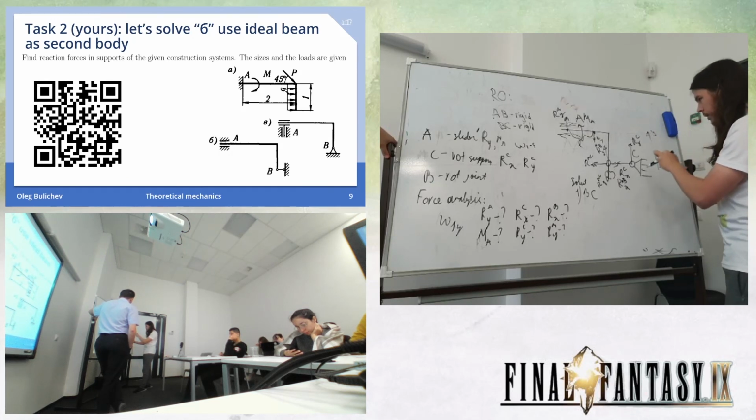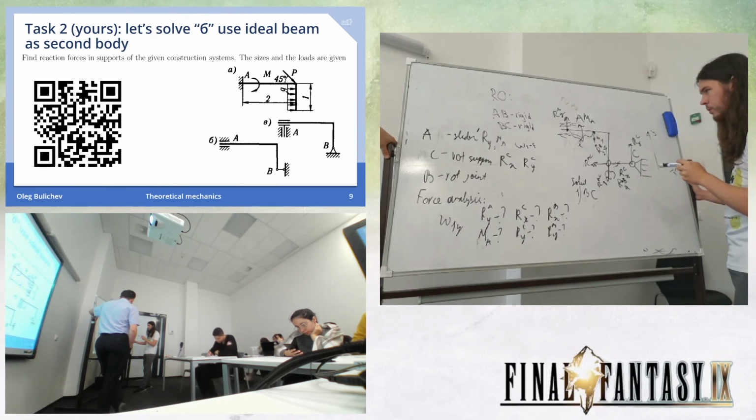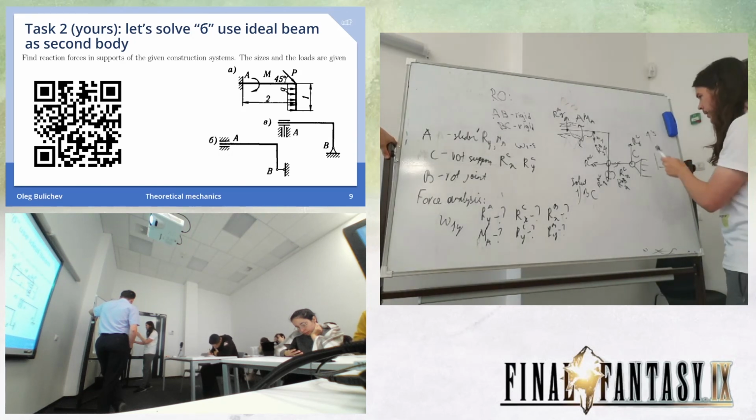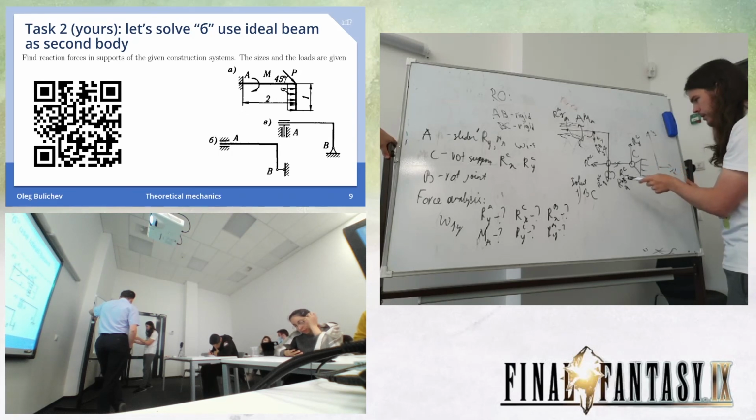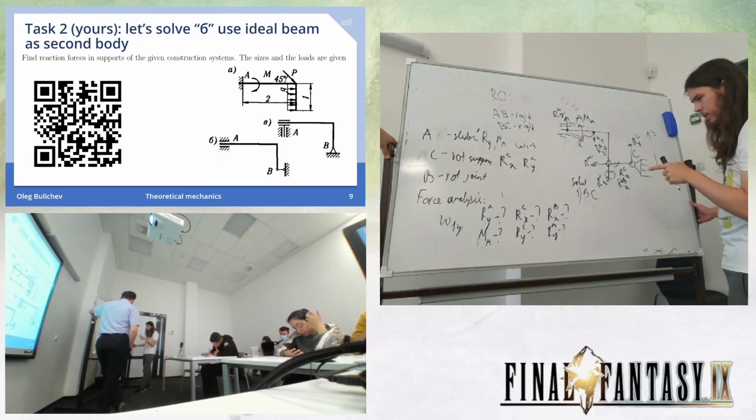We don't actually know where it is. It could be straight up, it could be straight to the side. So we just assume any direction and project it and take the projection, because it will give us more variables that can help us solve.